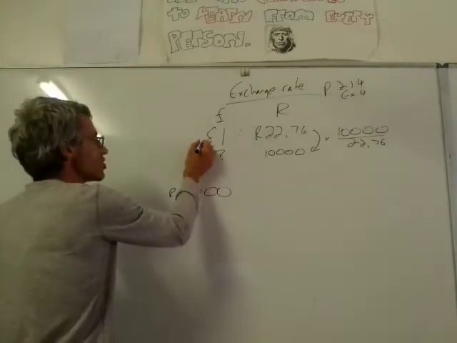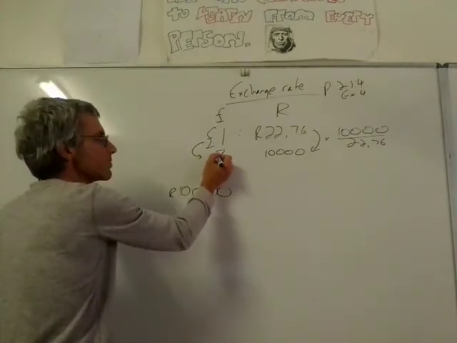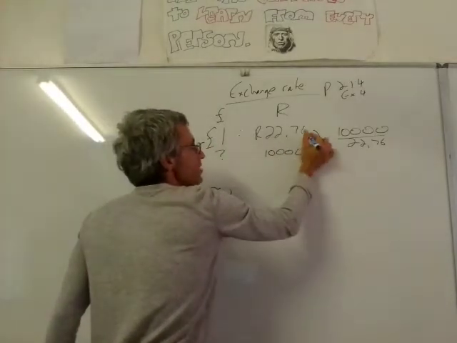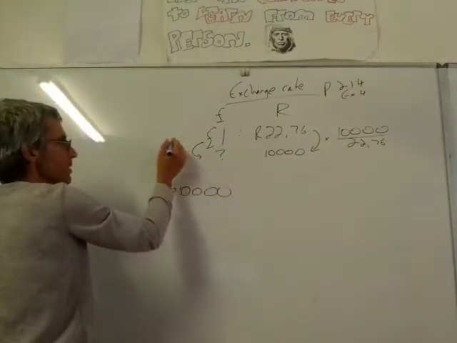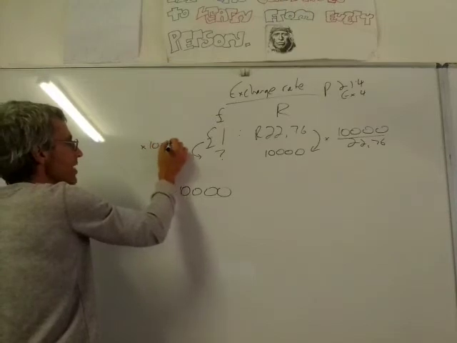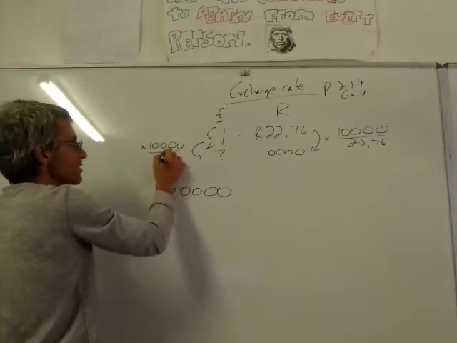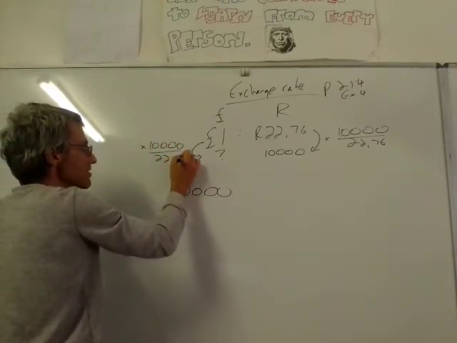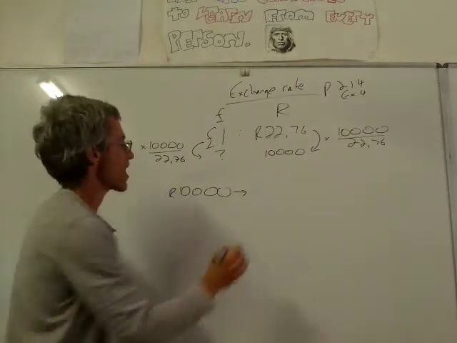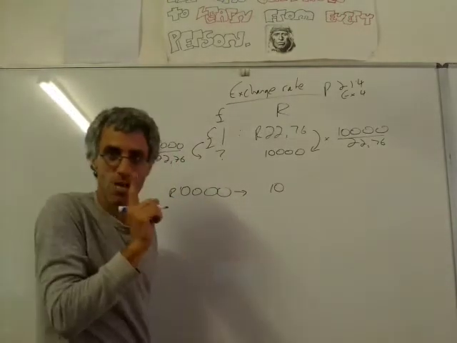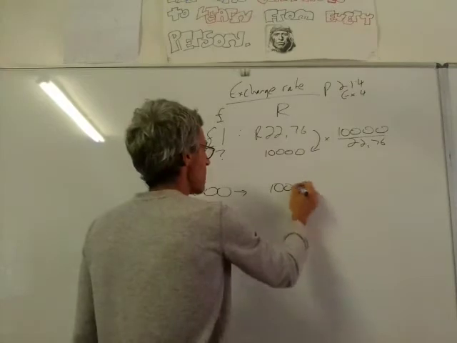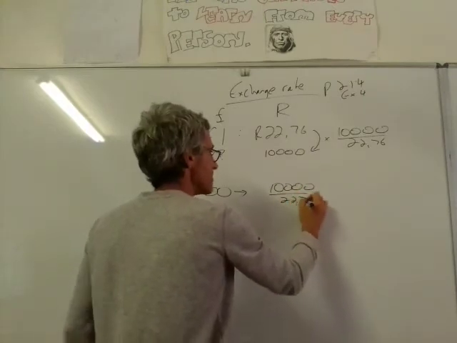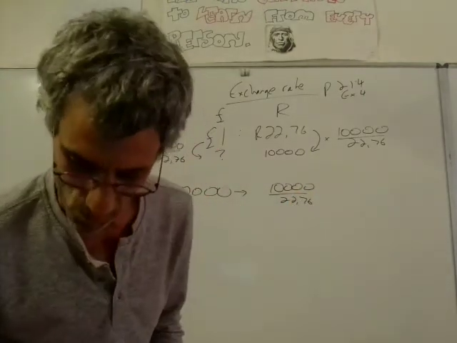Once I establish that, if I want to know how many pounds I'm going to get, because I multiplied 22 by 10,000 divided by 22,76, I'm going to also multiply the 1 by 10,000 divided by 22,76. So 10,000 rand will be equivalent, I'm not saying equal, it will be equivalent to 10,000 divided by 22,76 pounds, which we'll find out.